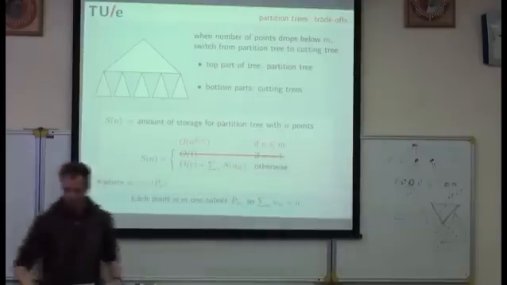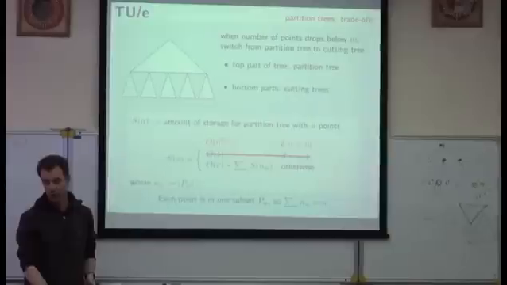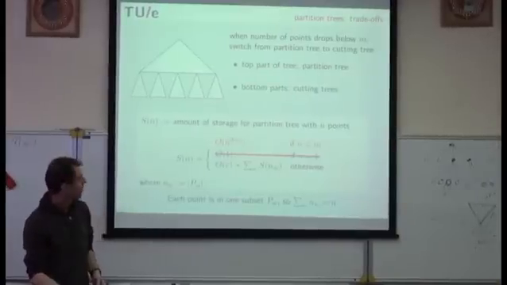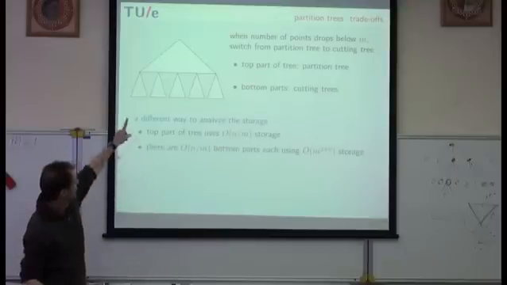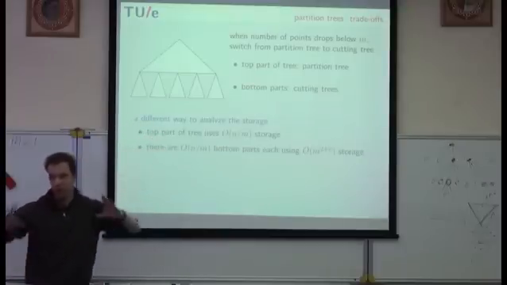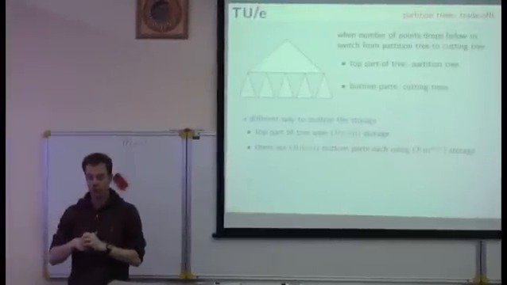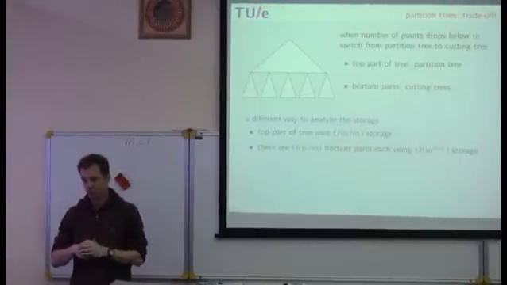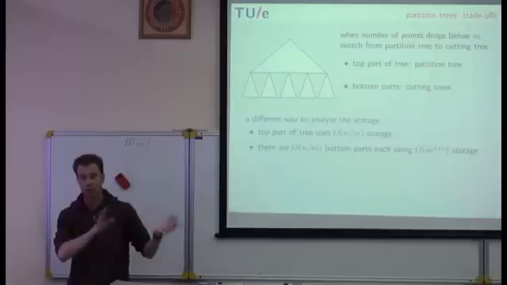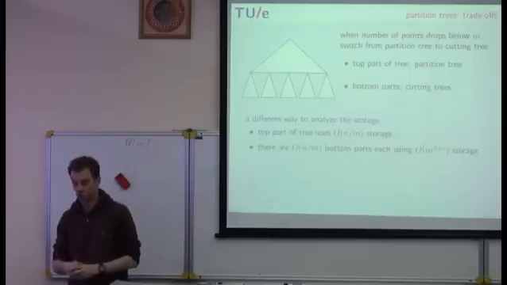But actually, there's an easier way to look at it. If we just think about that picture, the top part is a partition tree. How much storage does a partition tree use? Linear. So the top part is linear, so we don't have to worry about the top part.